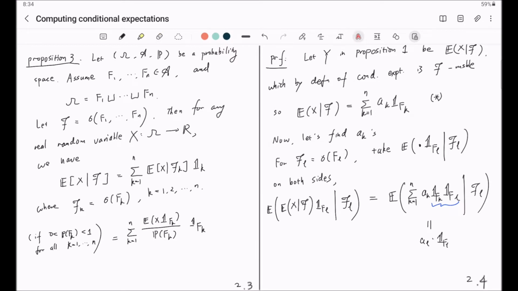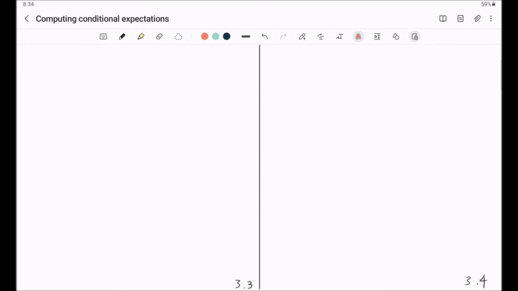As an application of proposition number 3, let us compare the random variable x with its conditional expectation, x given F. What we do now is take the variance of both terms, and we take the difference.